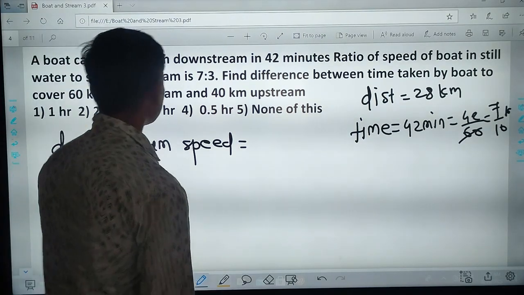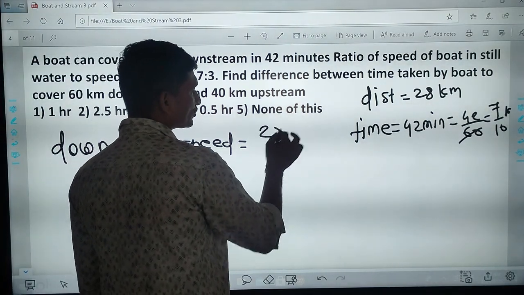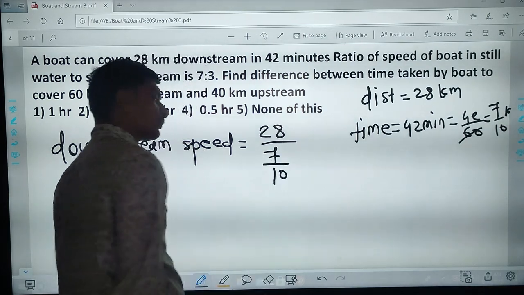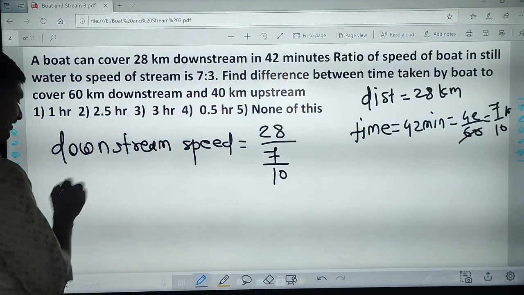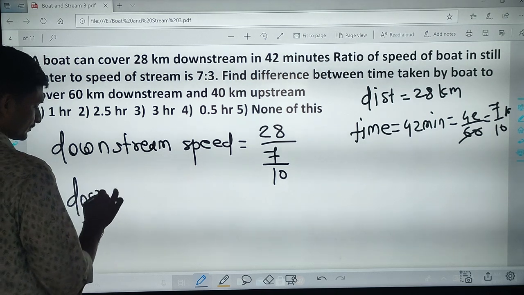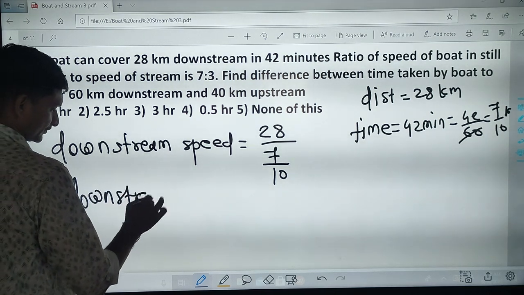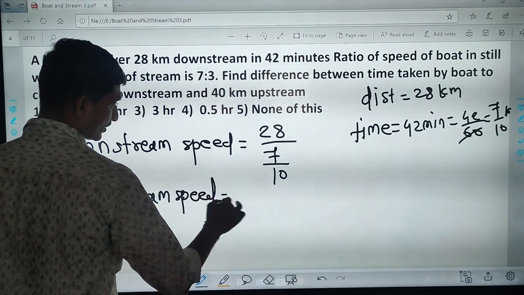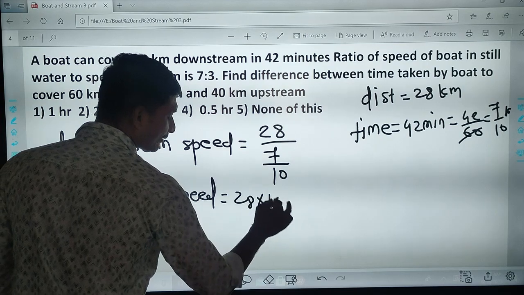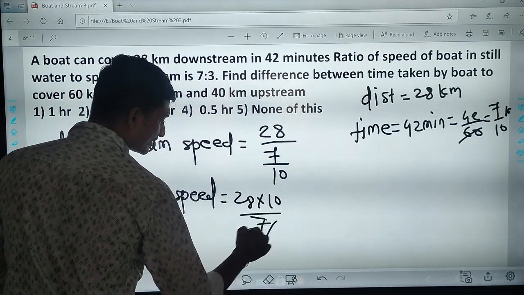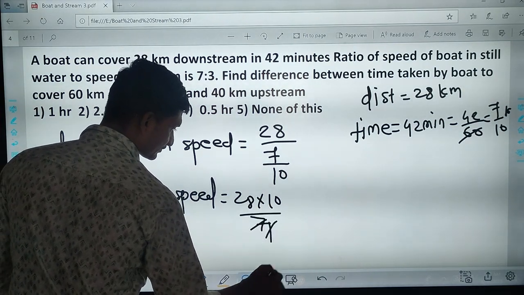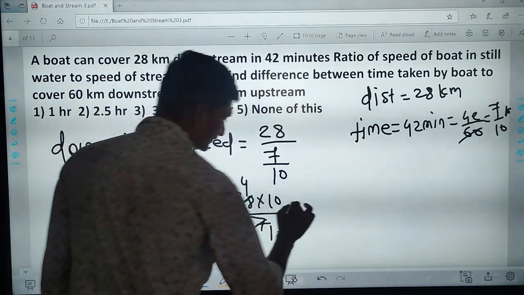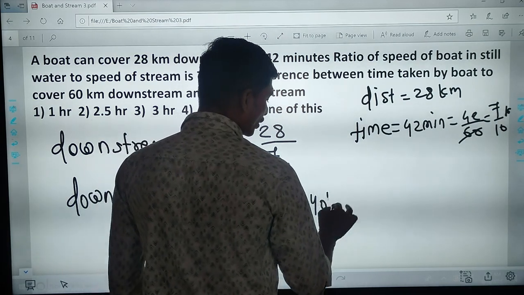Now here we find downstream speed. Distance is 28 km divided by 7 by 10. Downstream speed is equal to 28 into 10 by 7. 7 fours are 28, that is 40 km per hour.